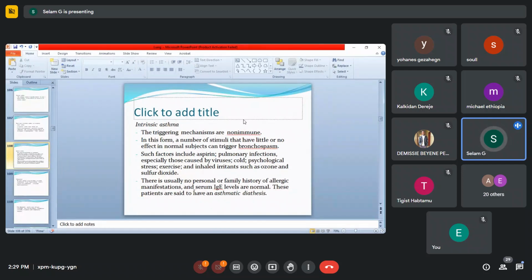The triggering mechanisms are non-immune, and in this form, a number of stimuli that have little or no effect on normal subjects can trigger bronchospasm. Such factors include aspirin and pulmonary infections. Sometimes, if you notice, people who have an infection will have obstructive asthma-like symptoms triggered by a simple common cold, especially those caused by viruses, cold weather, psychological stress, exercise, and inhaled irritants such as ozone and sulfur dioxide.